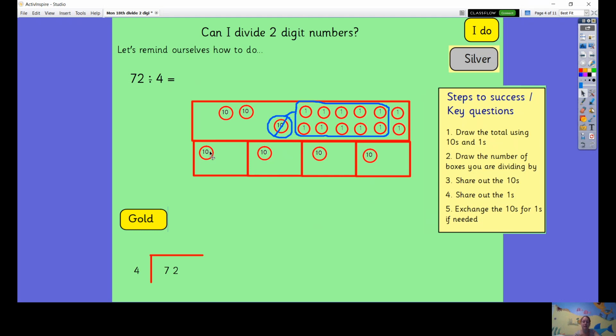I'm not going to do that method now because it takes a really long time. But we would cross that 10 out, put 10 ones in, share all of those out, and then cross that one out and share all of those out, and cross that one out and put 10 in and share all of those out. So it's quite a long-winded way of doing it, but it is a very effective way of doing it. We just need to make sure that we count up how many are in each box and make sure we've got an equal number and everything else.